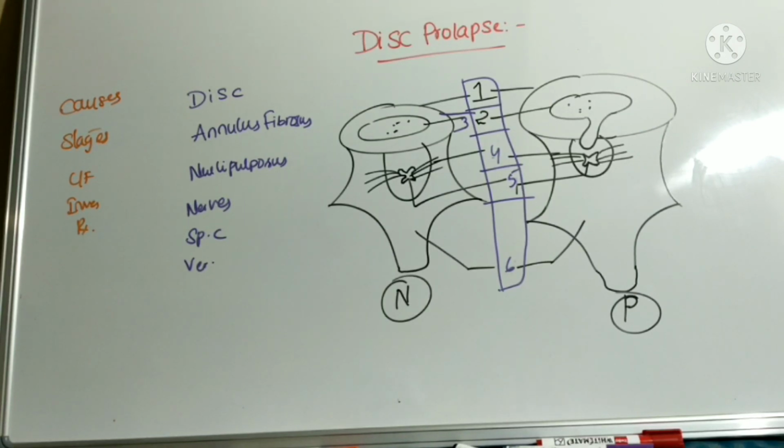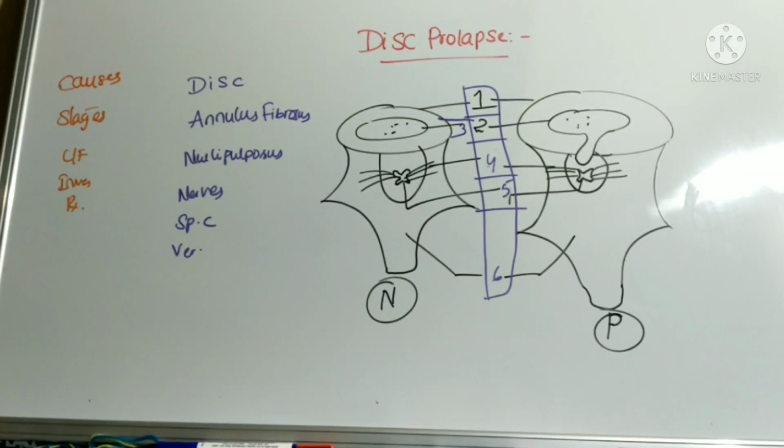You can note that in your diagrammatic representation. Okay, this is considered as disc prolapse. Next, the prolapse of the nucleus pulposus through a weak point of annulus fibrosus. This is the simplest way to answer this definition.